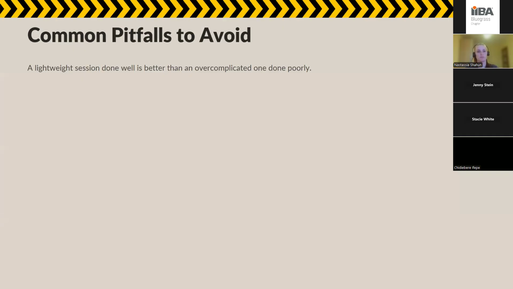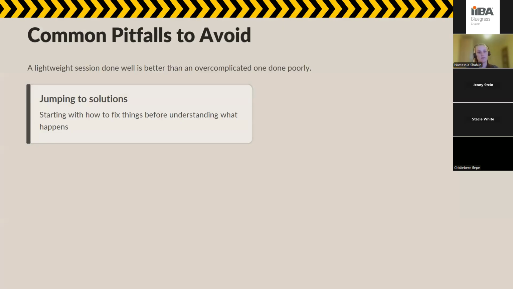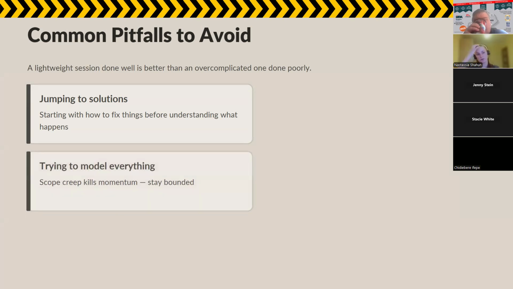There are a few common pitfalls that I've noticed. The first one is starting with solutions too early. People want to jump into design, into some UI changes, before they have agreed on what actually happens in the overall process. Second is trying to model everything.